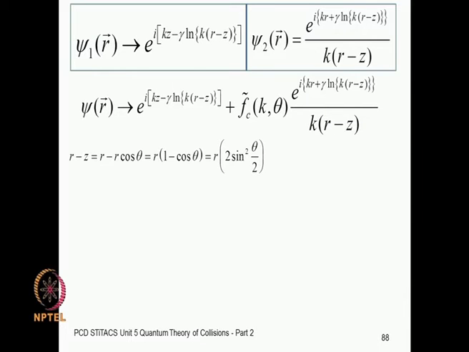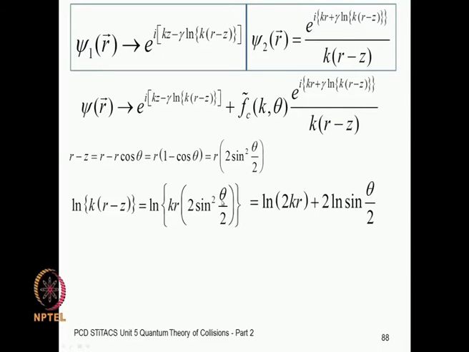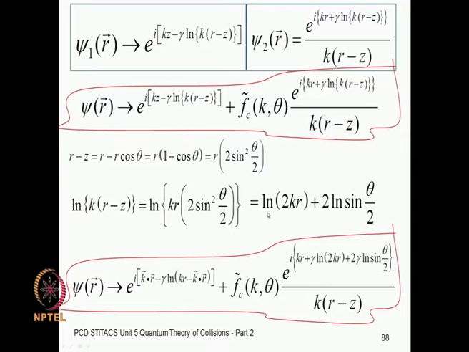So again there are some simple trigonometric manipulations which will turn out to be very handy, which I will again not spend too much time commenting on, and instead of this r minus z I now have this twice sine square theta over 2, and now you can separate these two terms, these are additive, okay, you are taking the logarithm of this product.